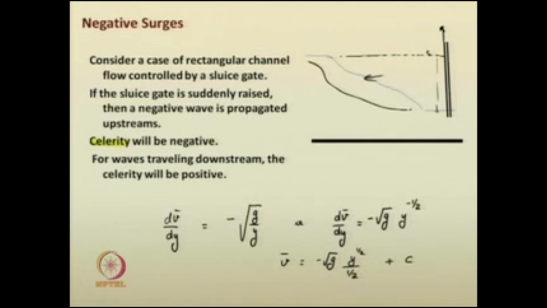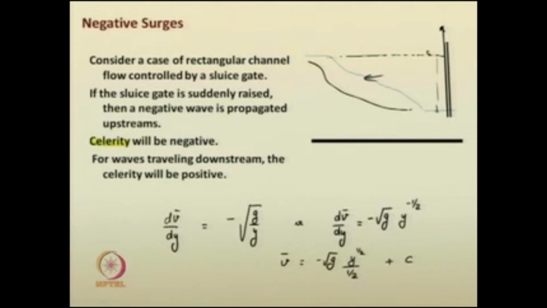This is how you integrate it, but we have not actually reached a conclusion. We do not know the constant of integration. So, for such a situation we can evaluate it properly. Let me elaborate the cross section now. This was the original depth of flow in the channel.